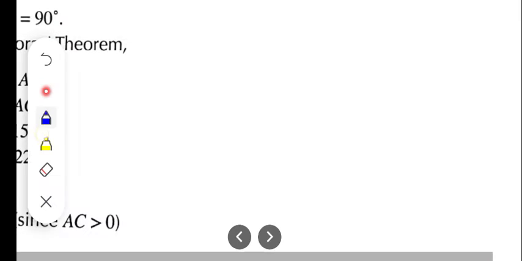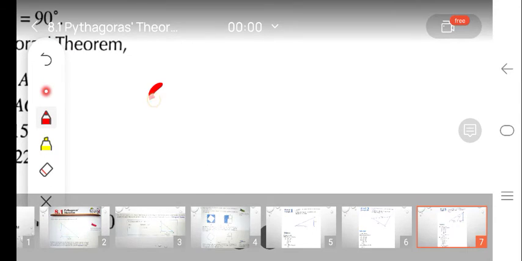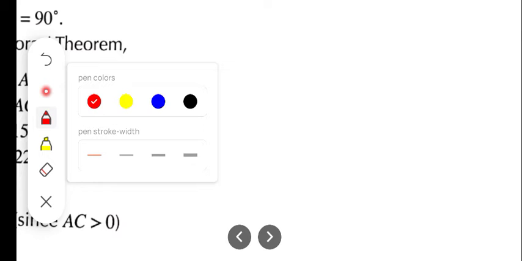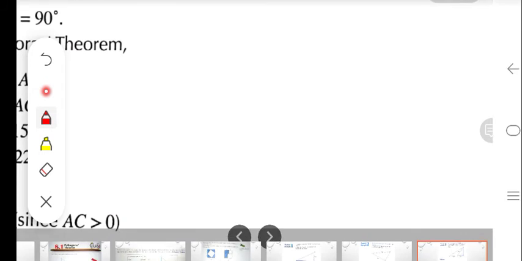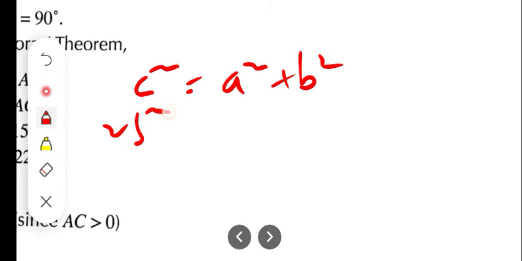Okay. So again, I'm gonna write right here. So c square. Wait. Let me choose another one. Yep. So c square equals a square plus b square. Right, it was 25 square equals 15 square plus b square.